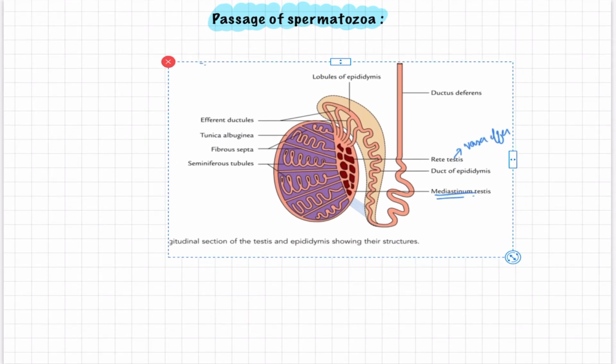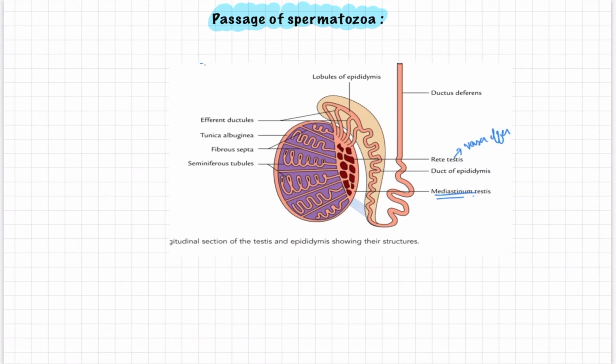As we all know, the spermatozoa are formed in the seminiferous tubule by the process of spermatogenesis, which is discussed in another class. Please go and watch there. From the seminiferous tubules, the spermatozoa come out and pass through the rete testis, and from the rete testis they move to the ductus efferentia.